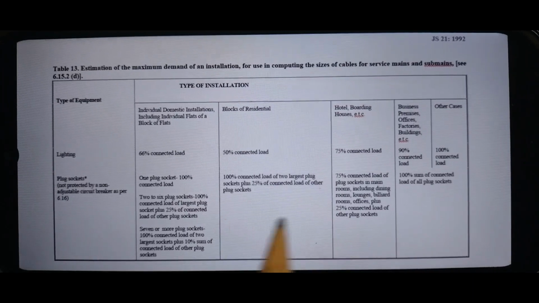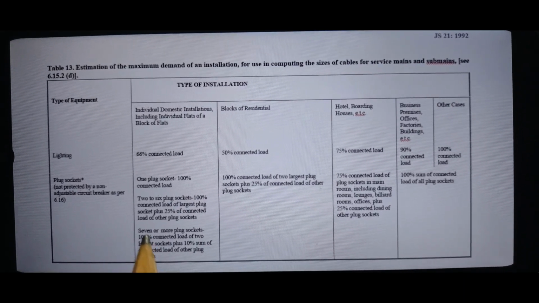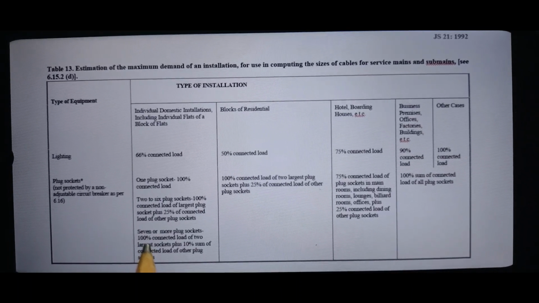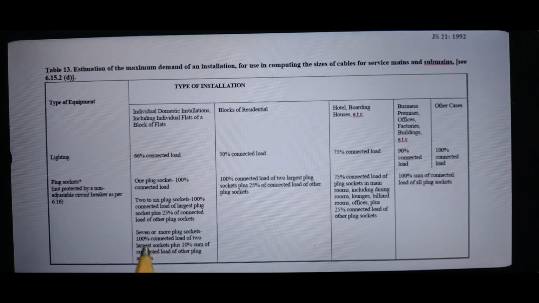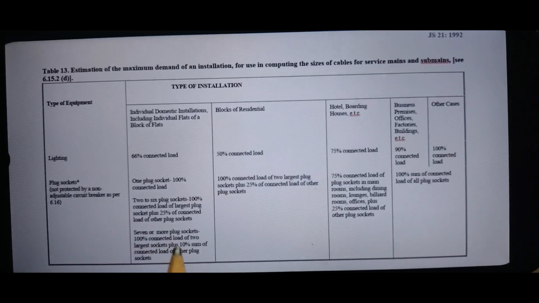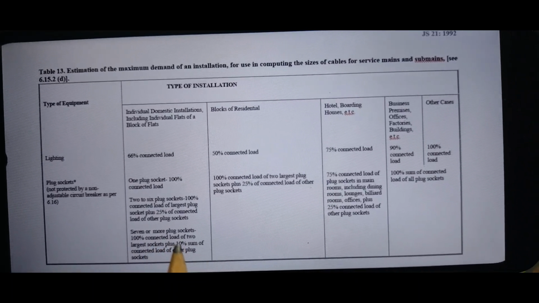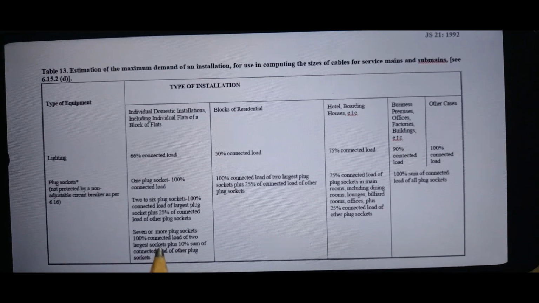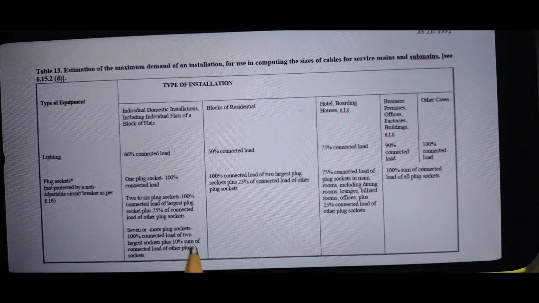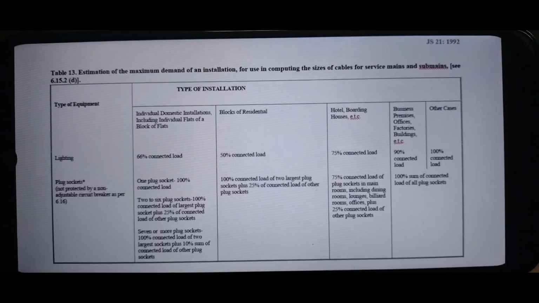But in our case, it's 7 or more plug sockets. In our case, for 7 or more plug sockets, it is 100% of the connected load of 2 of the largest plug sockets plus 10% of the sum of the connected load of the other plug sockets.